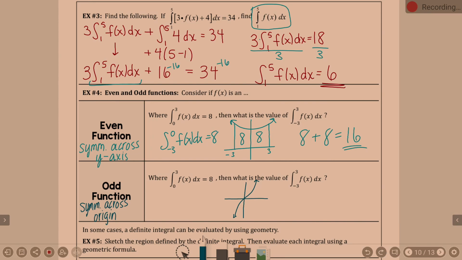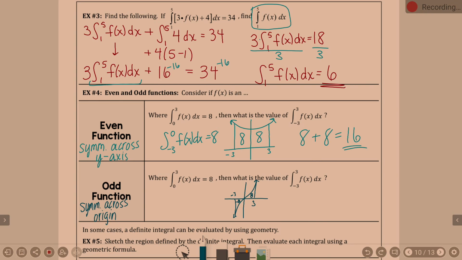Okay, but here's the deal. As we look at this, if 0 to 3, I'm going to say 3 is right there, is 8, what's 0 to negative 3? Negative 8, so the total equals 0. The areas are both 8s, but because the one's below the x-axis, it is a negative 8.